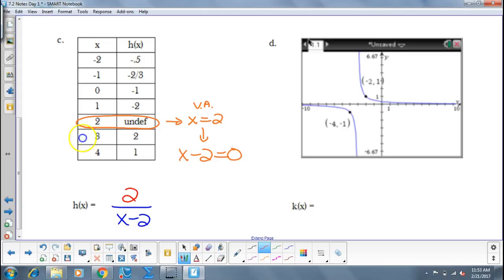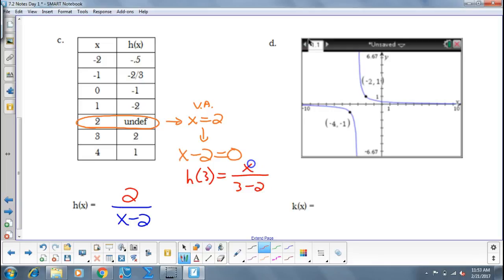So if we plug 3 into my function, so if I find h of 3, then that's going to be 3 minus 2 down there, right?